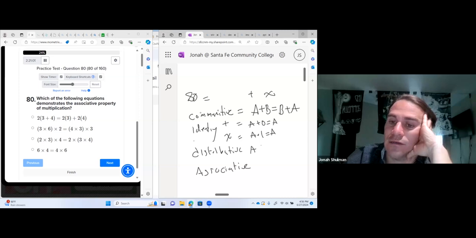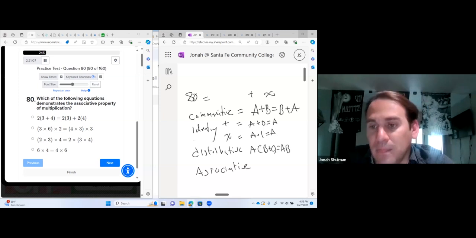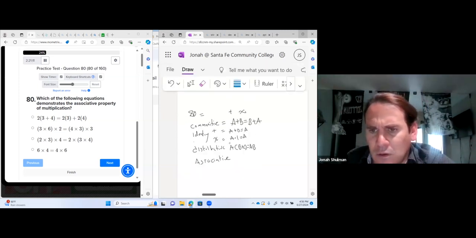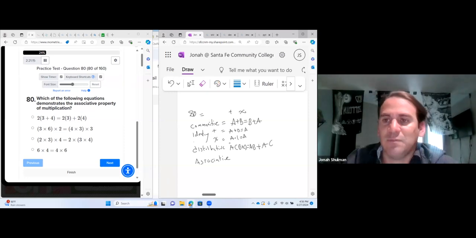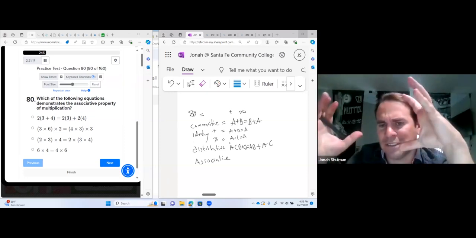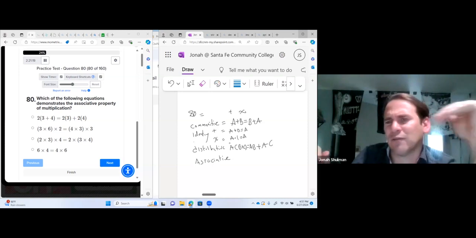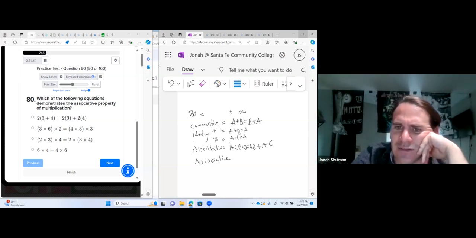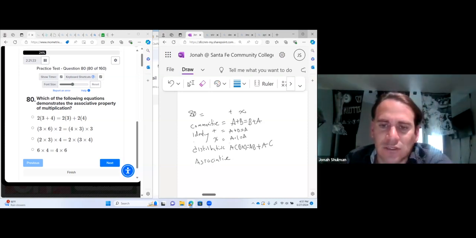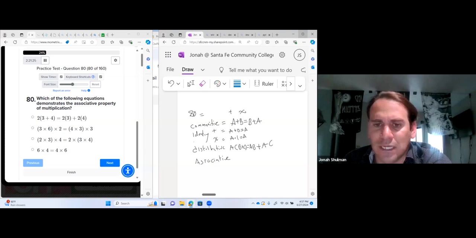Distributing: A times (B plus C) is equal to AB plus AC. And here's the associative. It's basically just associating, grouping together. Commutative, you can think of like going back and forth. Identity is like looking into a mirror. Associative is like you're grouping things like an association.